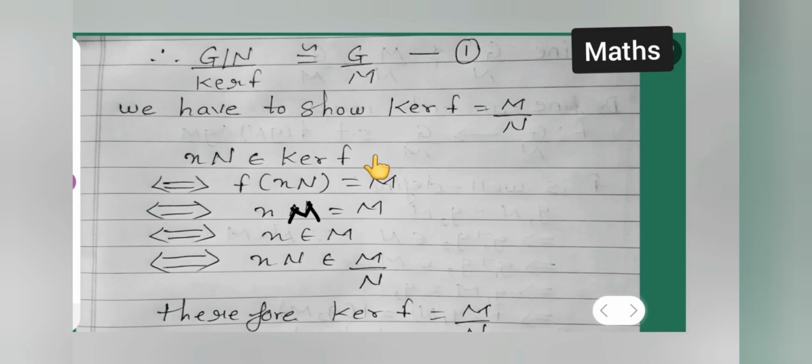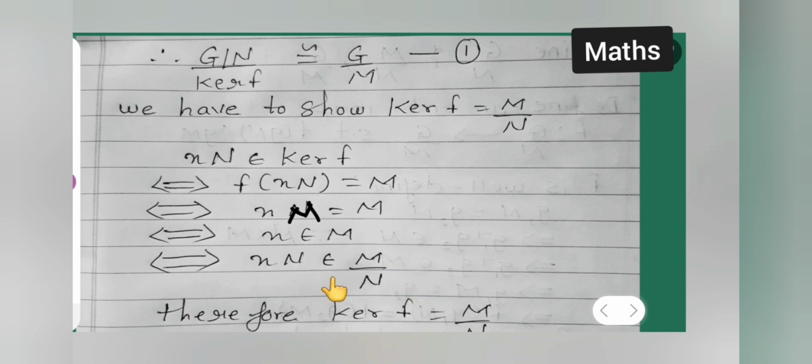Now to show that kernel of f is equal to m upon n, let us take an element xn belonging to kernel of f. This implies that f of xn is equal to m. Now xm is equal to m. This implies that x belongs to m. So xn belongs to m upon n.